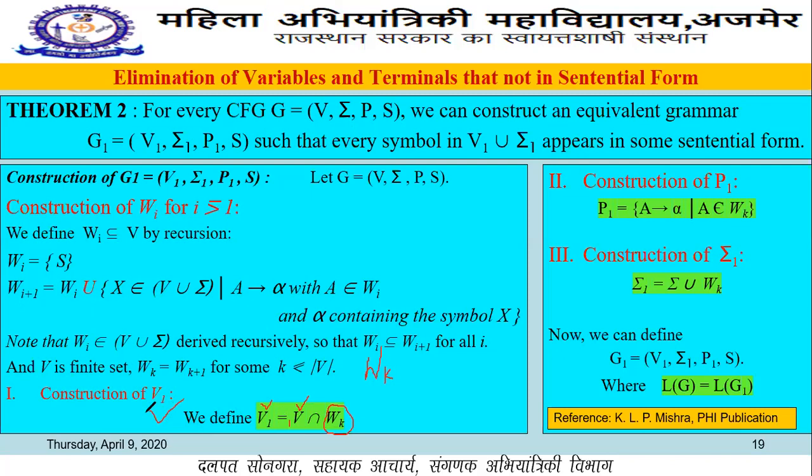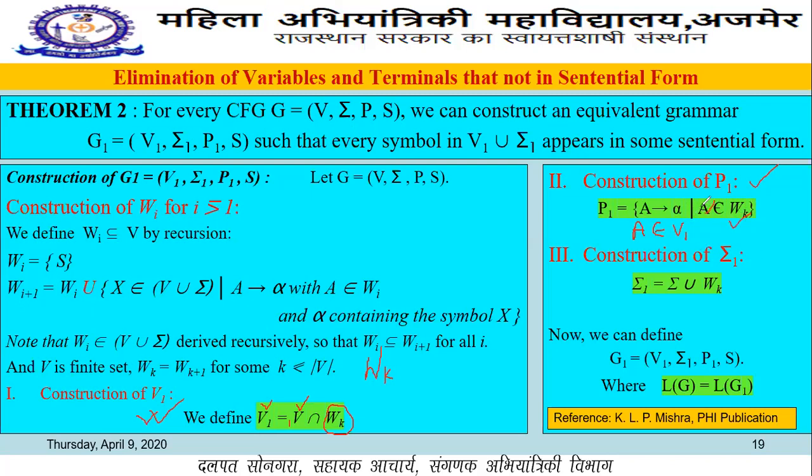After constructing this, we go for the construction of the simplified set of productions, and that is constructed like this: A tends to alpha, where A belongs to V1, and alpha belongs to Wk.